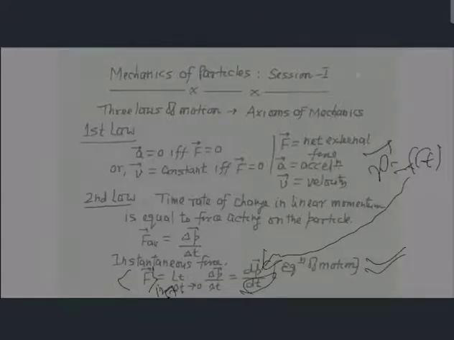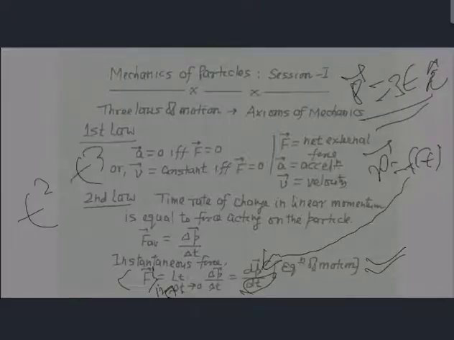Now suppose the momentum is a function like p equal to 3t i cap. If the momentum is like that, then obviously the instantaneous force will come out to be a constant, instead of a function of time. But if you take higher powers like t square, t cube, etc., then the force will again be a function of t.